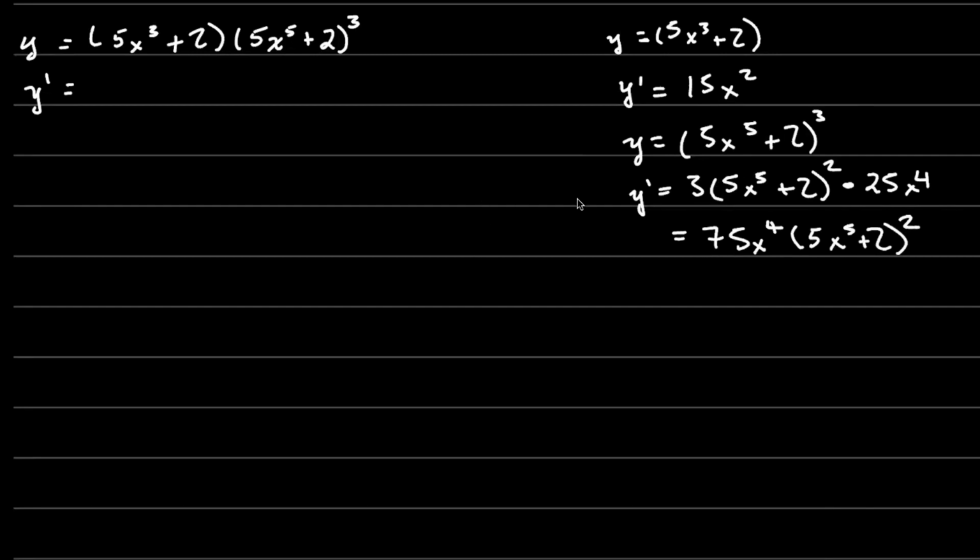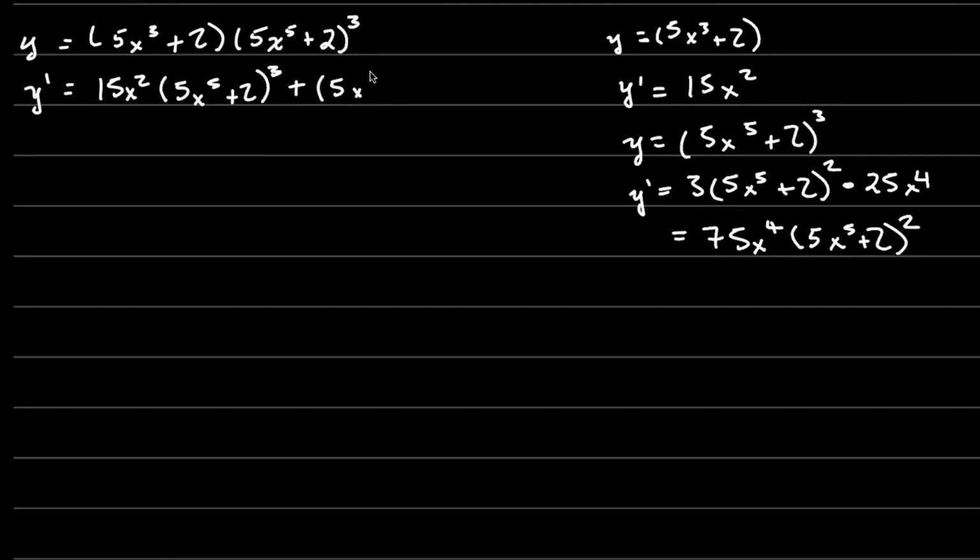All right. So if you put all that together, you take the derivative of the first one, so that's 15x squared, and we multiply it by the second, which was 5x to the 5th plus 2 cubed. Then we're going to do the same thing with the other one. So plus, leave the first one in this case.